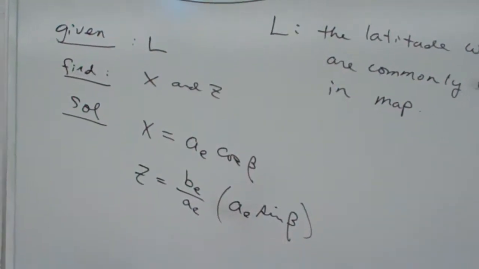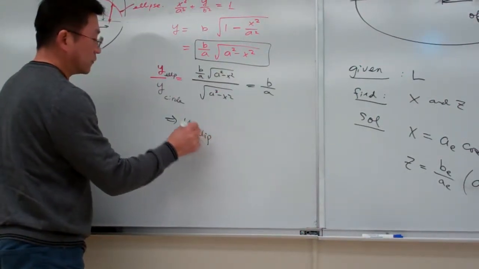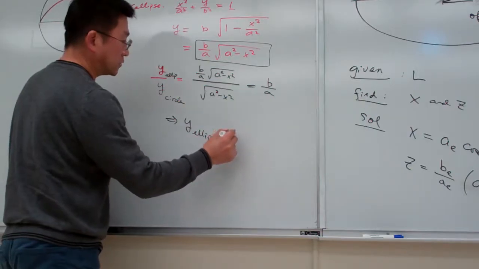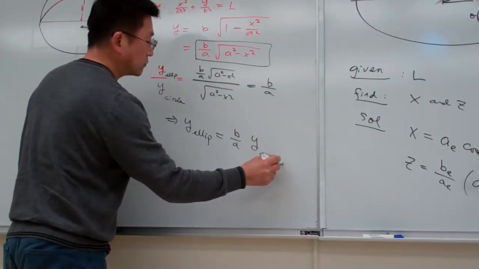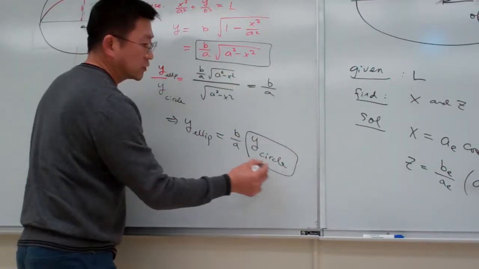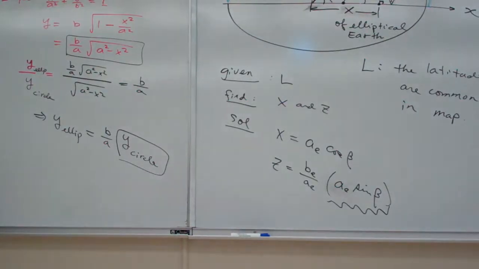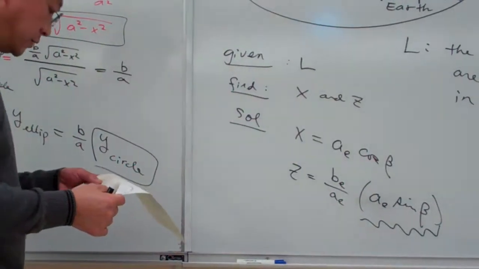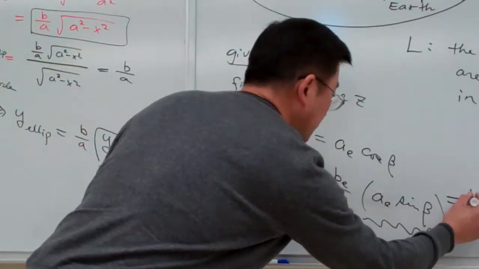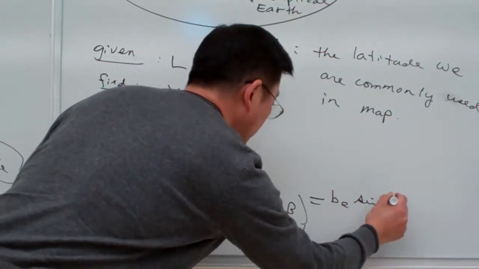So from here I simply derived that the vertical distance in the ellipse is b over a times the vertical distance in the circle. So this value corresponds to our value here, right? Okay, so we have this one. So z can simply be expressed as b times sine beta.